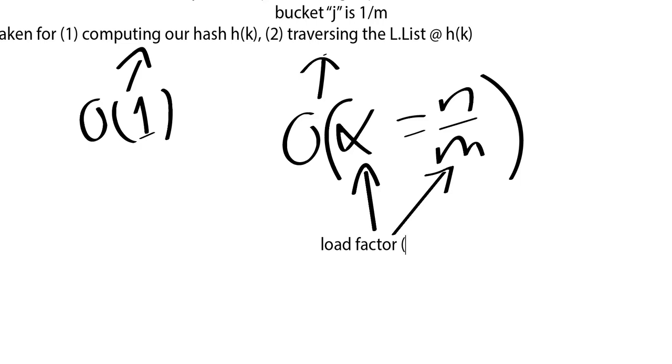And this load factor, first of all, n is the number of keys we have, and m, we know what that is, but 1 over m is the probability of hashing k to some bucket j, as we said before.